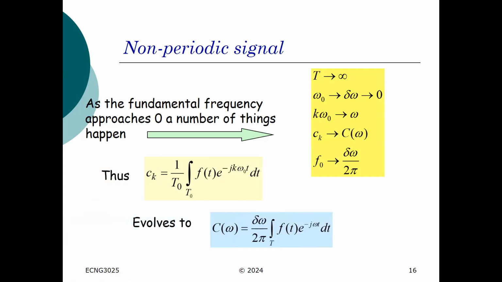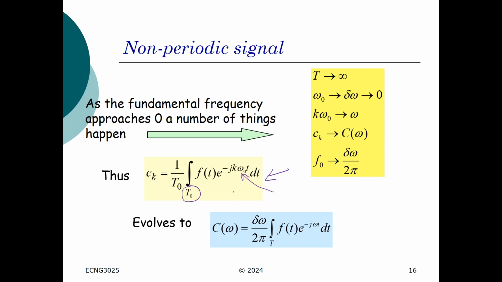So the equation for the coefficients of the exponential Fourier series here was, once we start to make T very big, the k omega becomes continuous because the spectrum becomes continuous. The c_k, instead of a function of k, now is a function of a continuous variable.